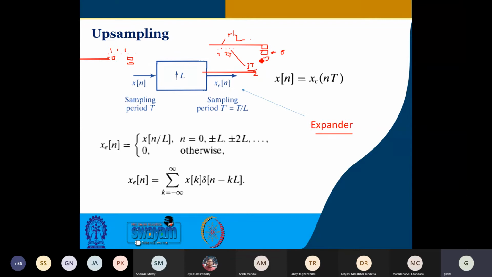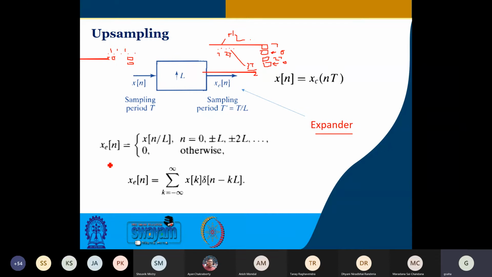Then again, this is the 2t value, then again we insert a 0. And so on. So in between, we keep doing 0 insertion if L is 2. If L is 3, then 2 zeros will be inserted. L is 4, 3 zeros will be inserted. Okay. So this is the idea.